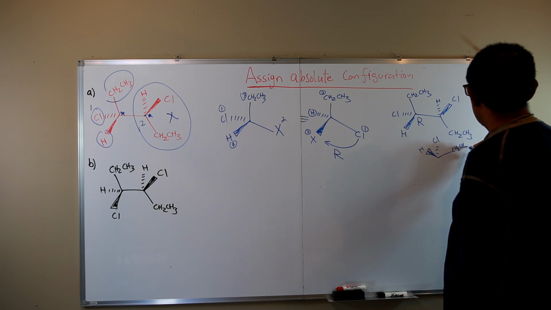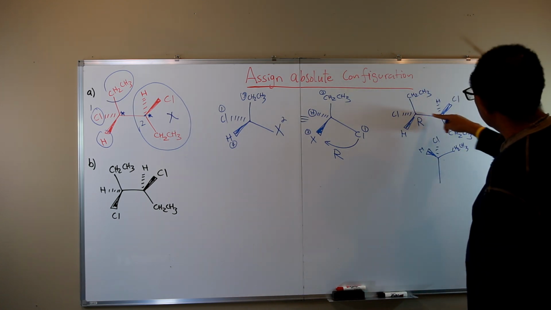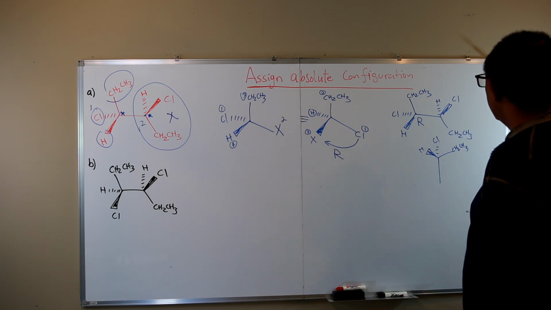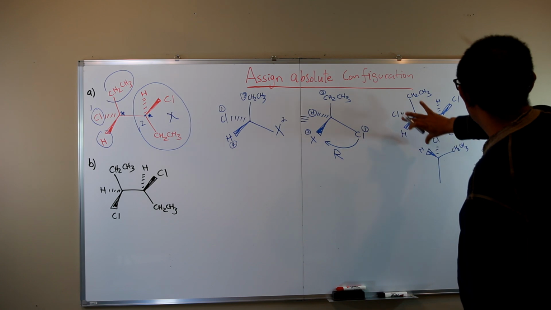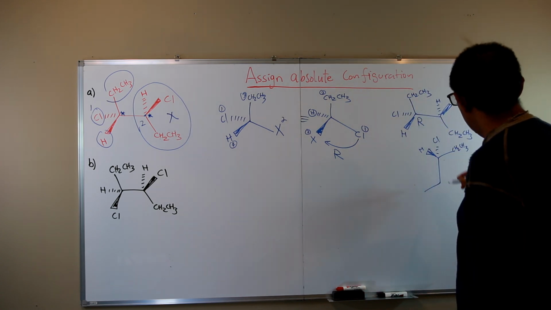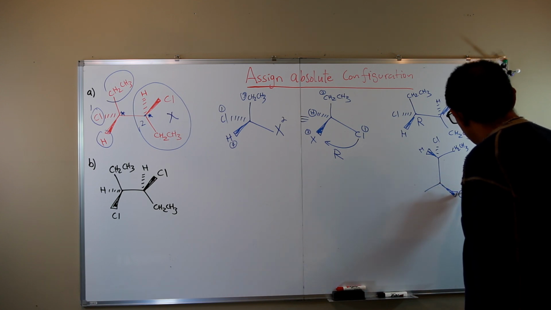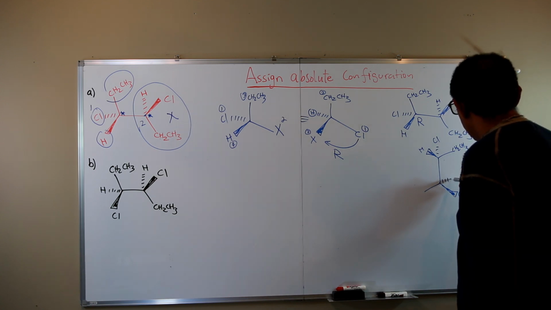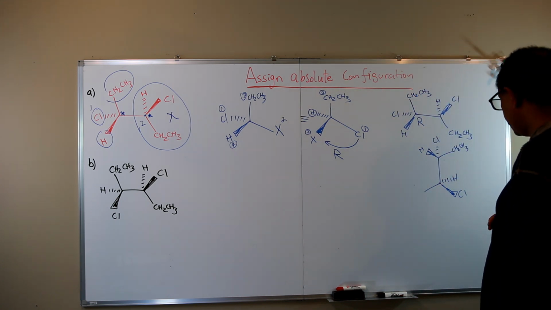I'm just turning it this way, so that what was vertical is now brought like this. So this is this group, this is chlorine, this is hydrogen. I just turned it vertical.